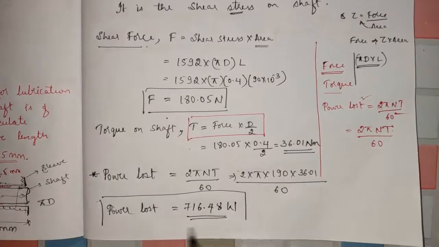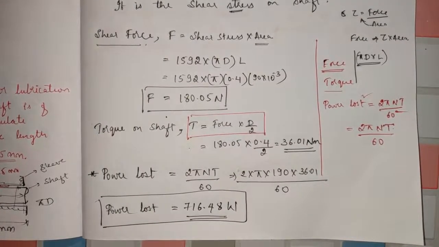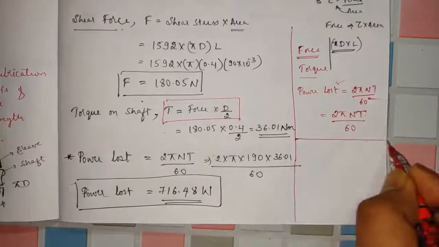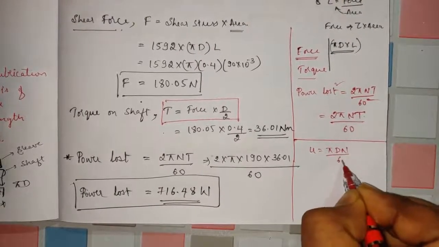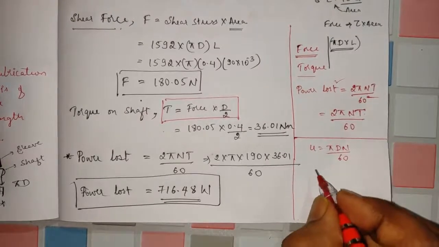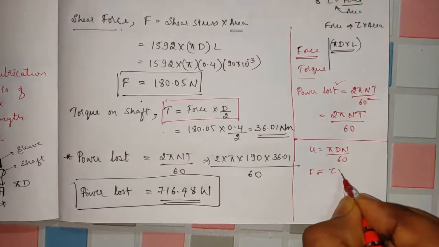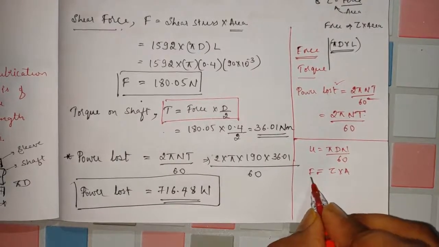In case in this concept they ask, you should be ready to do this problem. You just need to remember some formulas. That is U is equal to pi dN by 60, one formula. Second, force is equal to shear stress into area. After that, why do you need to find the force?